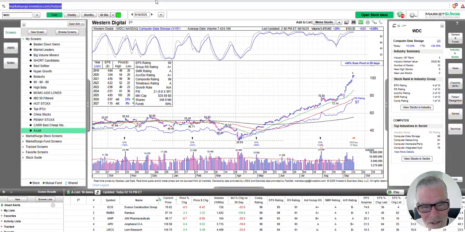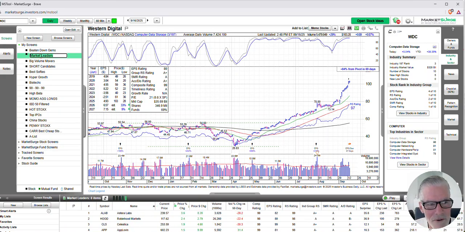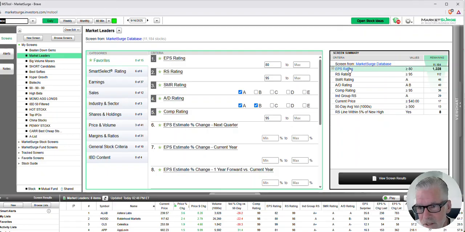But this is MarketSurge. And I have a screen, I call it Market Leaders. Very creative name. And if we open up the edit, you're going to see these are the filters that I use to create this screen. You can only do this in MarketSurge because it uses the proprietary metrics of Investors Business Daily, right? And they have a kind of a unique angle on earnings, margins, accelerating revenues and things like that.